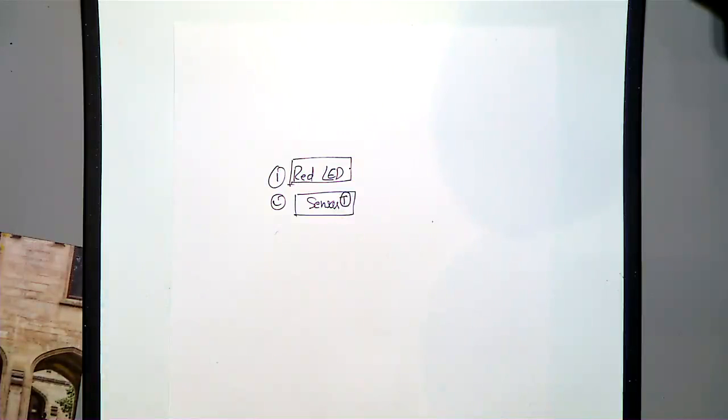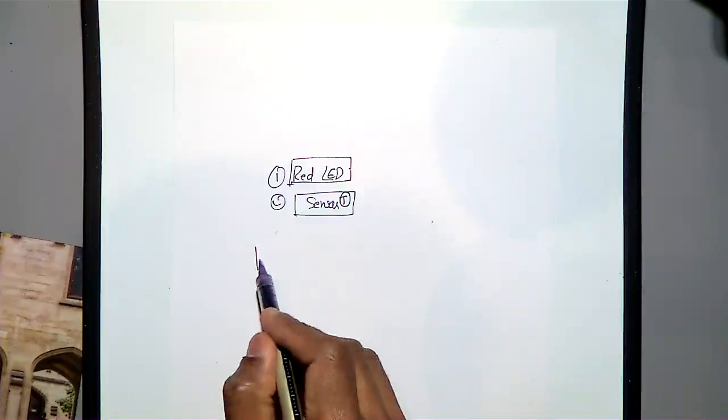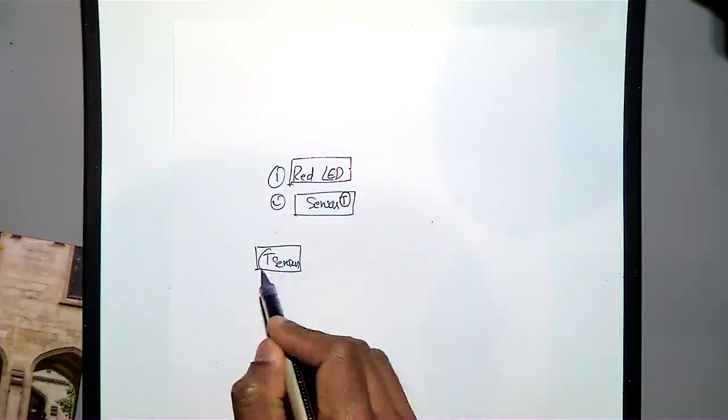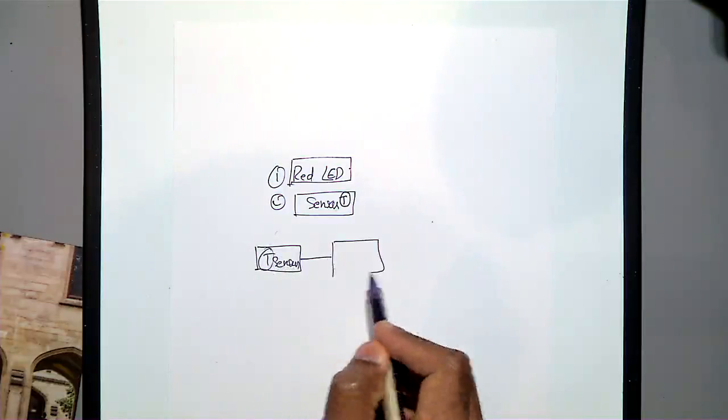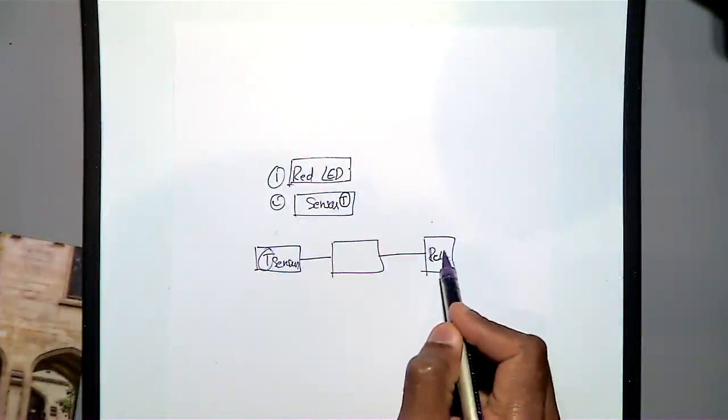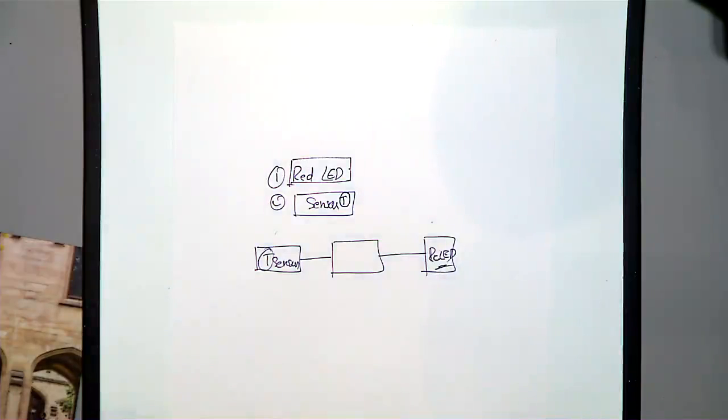But you can't connect the temperature sensor directly to the LED, because it is not going to work. So you need something in between, and that will connect to this red LED. That's how you should be thinking.